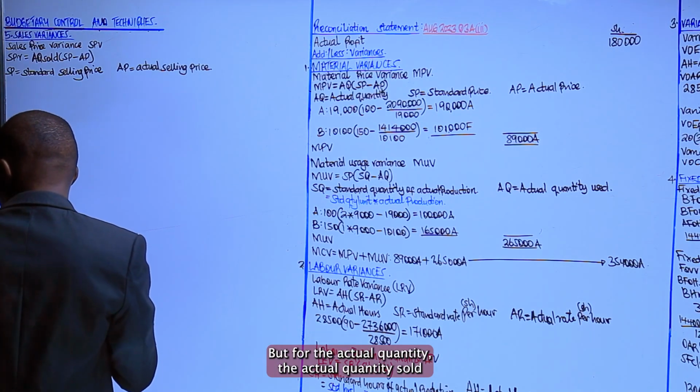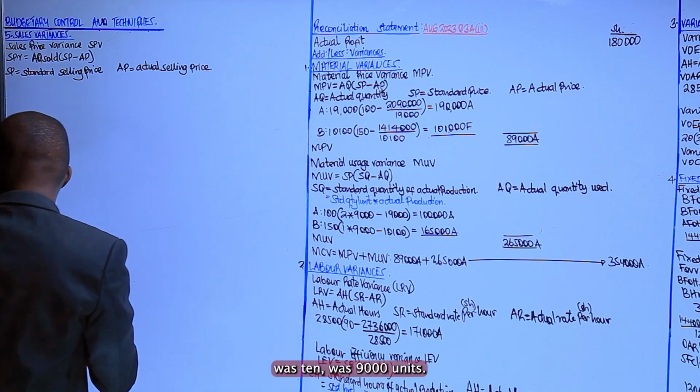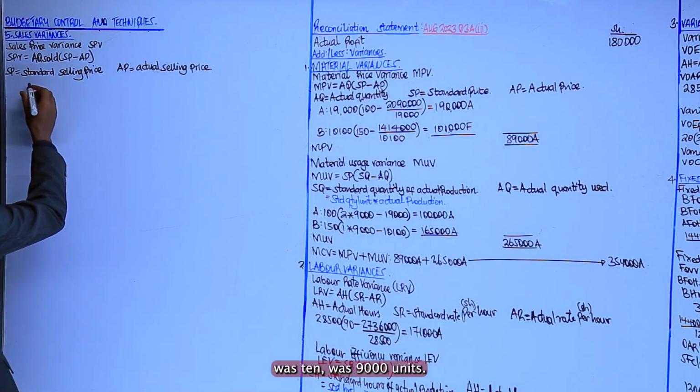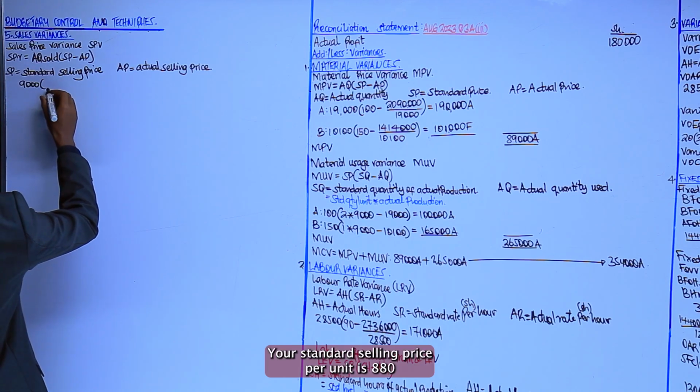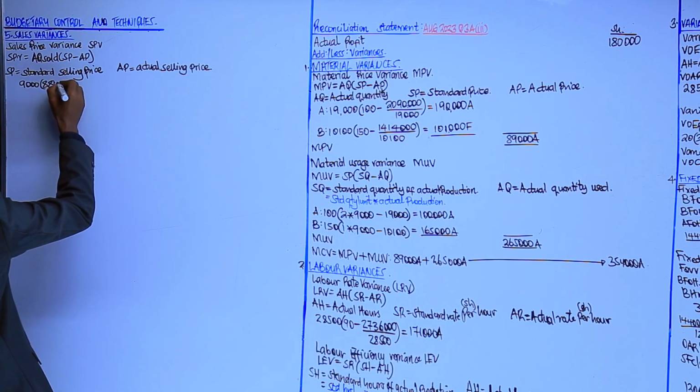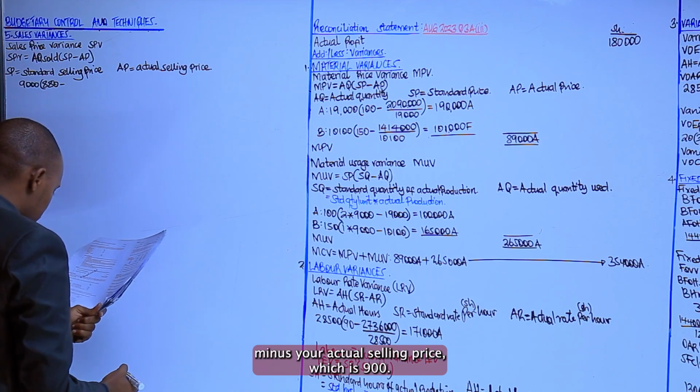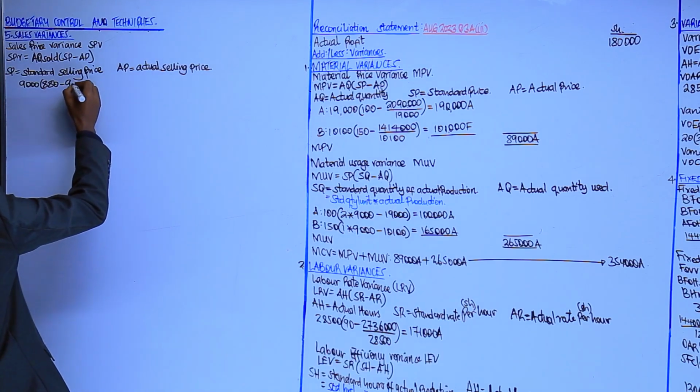The actual quantity sold was 9,000 units. Your standard selling price per unit is 880 minus your actual selling price, which is 900.